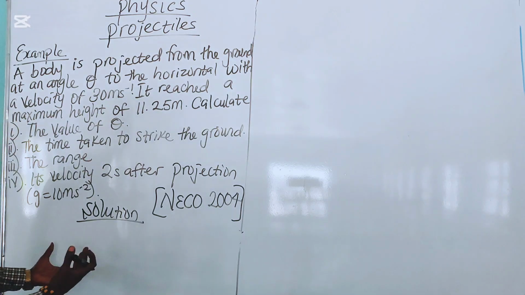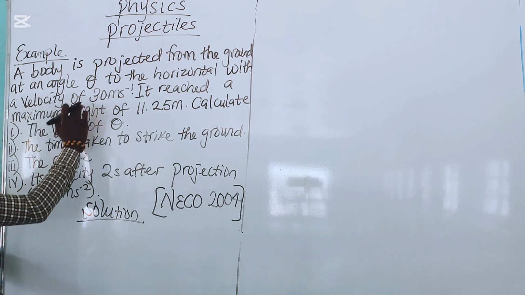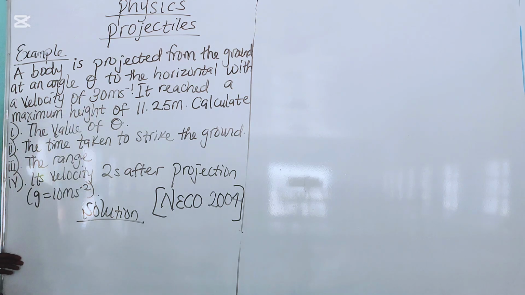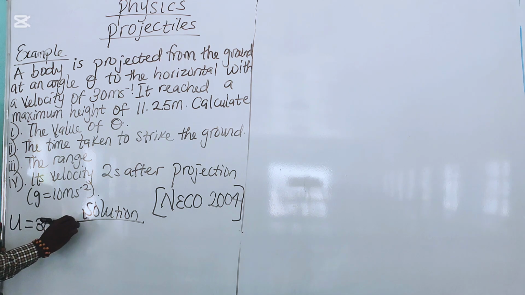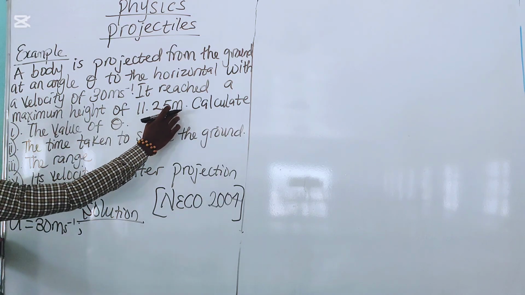Okay, so let's write down the parameters given from the question. So we are told that a velocity of what? 30 meters per second. So it means the initial velocity u is 30 meters per second. And it reached a maximum height of 11.25 meters.